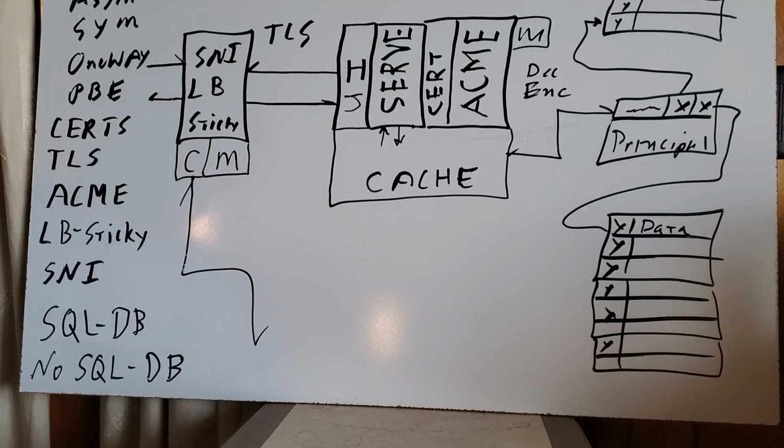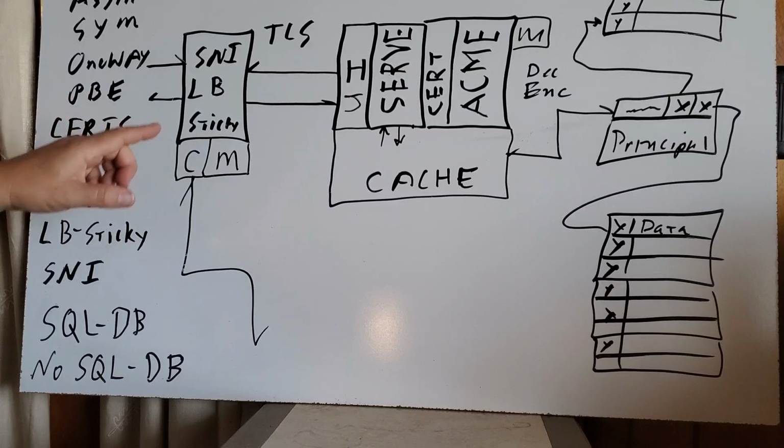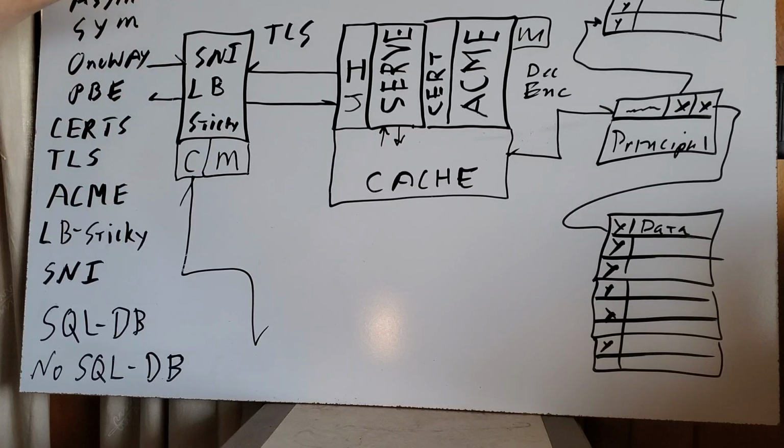A recent advancement is ACME, an automated version of updating certificates. You can run some code to interact with one of those certifiers, vouchers on the internet, and get a new certificate for a new secret key that you've established.